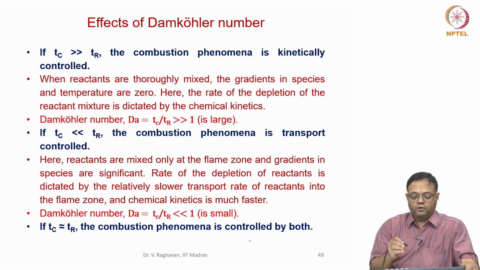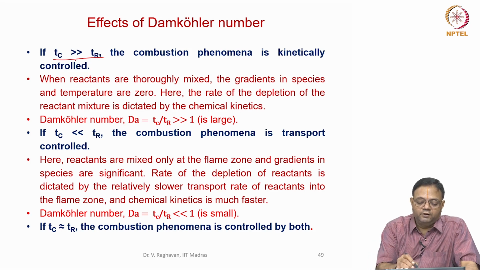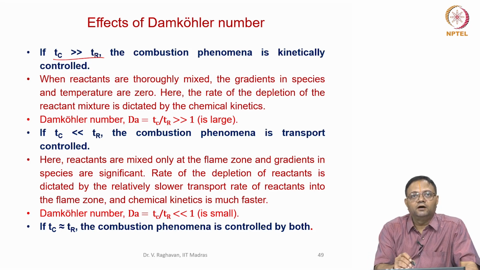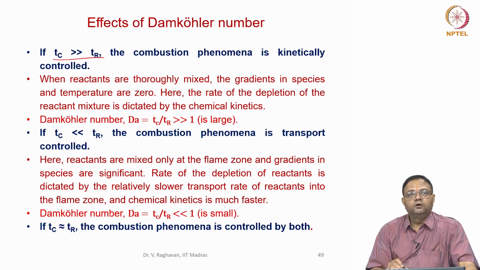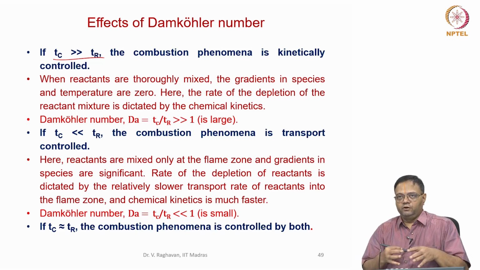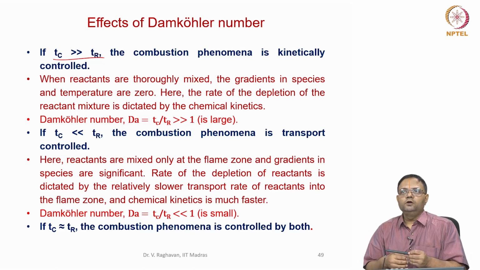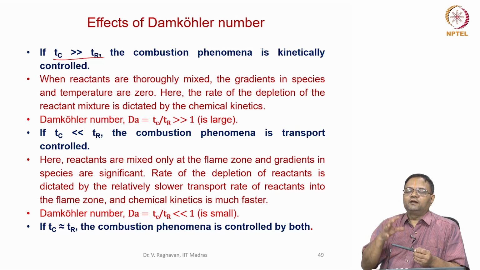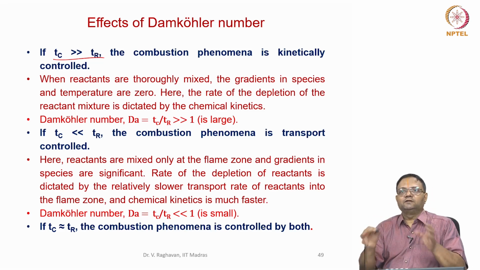So now let us say chemical time is much greater than the residence time or the physical time. That means already everything is mixed well. There is no physical time required for mixing. Only chemical reaction has to take place.